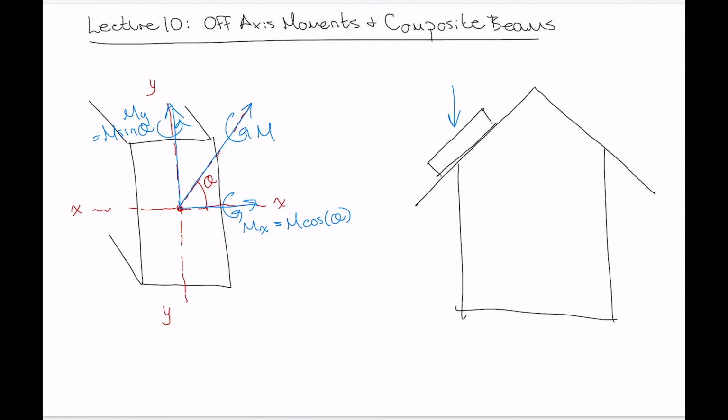So without further ado, let's do an example with an off-axis moment and see how that comes together. So for this example, we'll do a rectangular beam here, and we'll have it coming out sort of that way there.